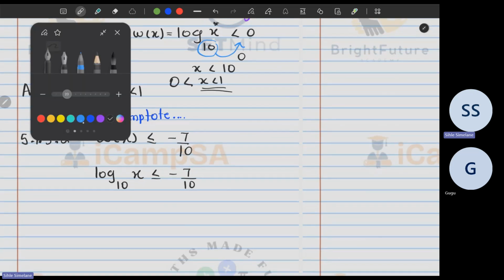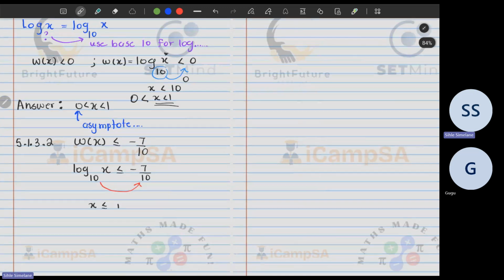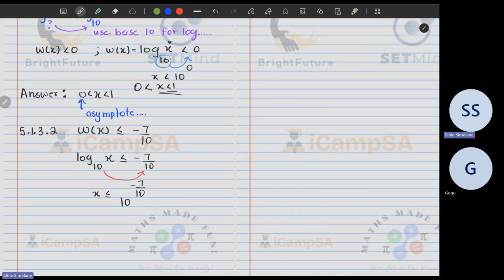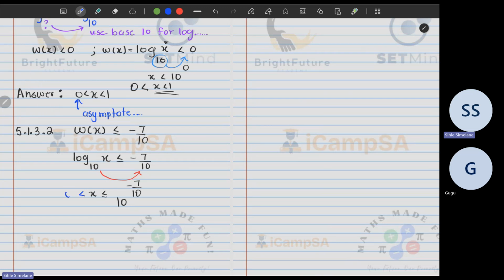So what was the base of the log now becomes the base on the other side. What do I mean? It means we are going to have x is less than or equal to 10. 10 becomes the new base, then to the power of negative 7 over 10. But then we remember that this will always be greater than 0. Why the 0 should be there? That 0 there is an asymptote.